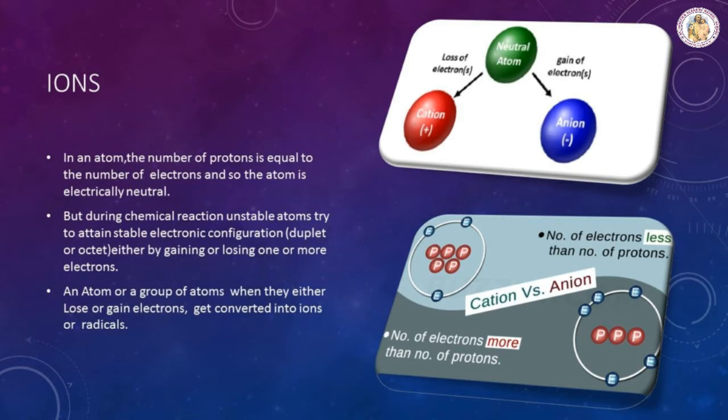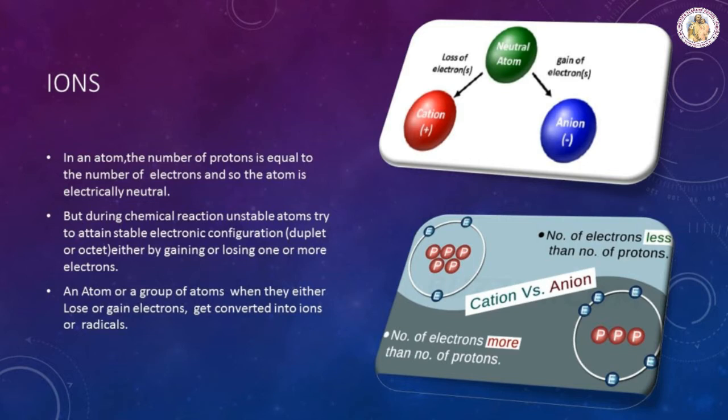Ions. In an atom, the number of protons is equal to the number of electrons and so the atom is electrically neutral. But during chemical reactions, atoms try to attain stable electronic configuration like triplet or octet, either by gaining or losing one or more electrons according to the valency.